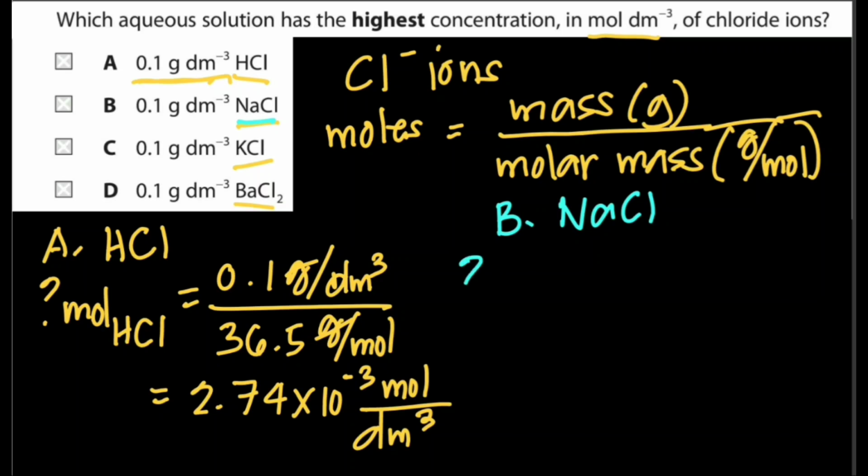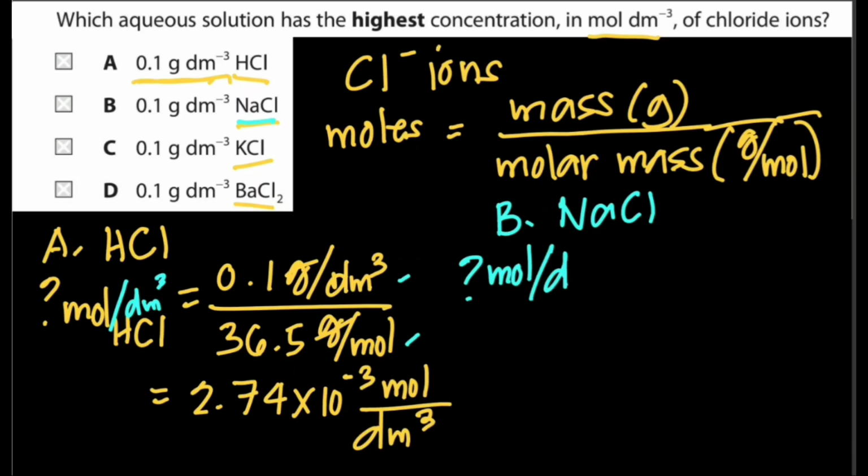So that would be mole, all right, it's supposed to be mole per cubic decimeters. And then we got mole here and then cubic decimeters. That's why the unit here is mole per cubic decimeters.